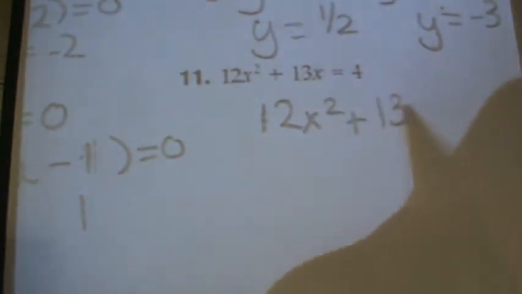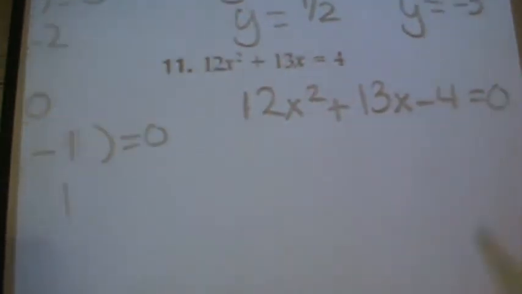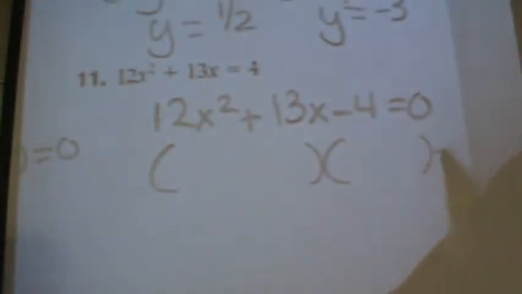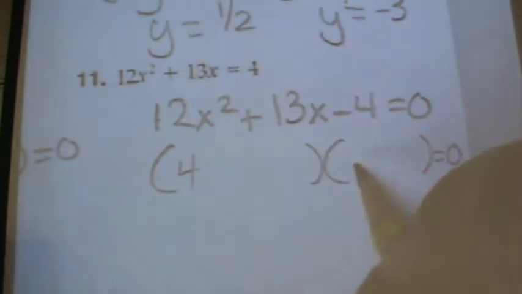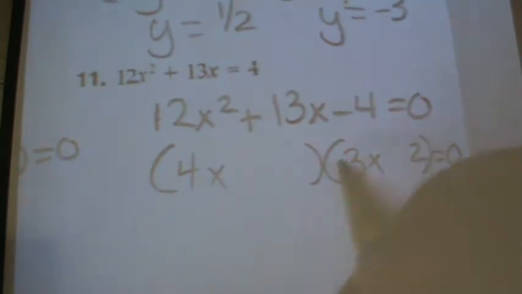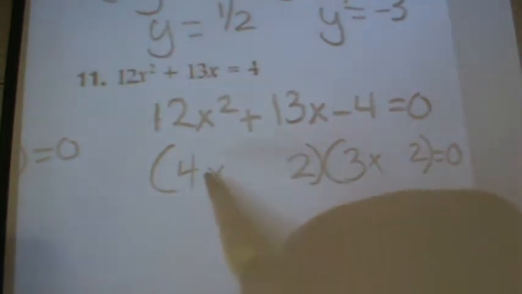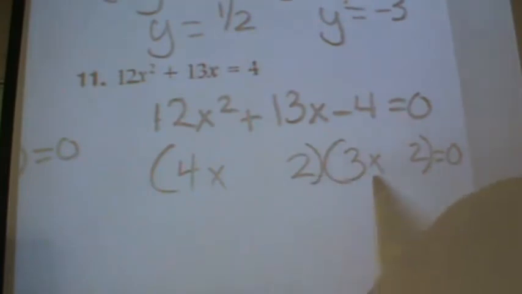Last one, what should I do? This one's going to take some thinking here. 4 and 3. Now, I have no idea. 2 and 2. So let's see. 12, that's 8 and 6.